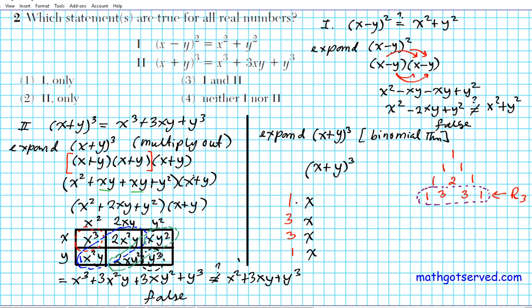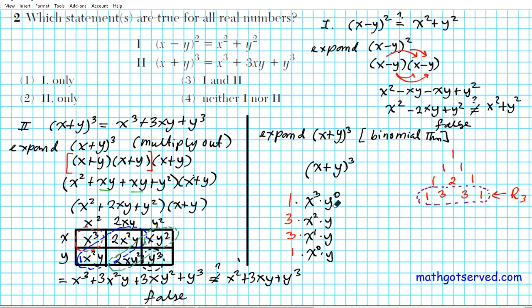So 1 times x, x, x, x, and then times y, times y. This is just a different way to expand binomials. Now I'm going to put in their powers. The x is the first term, so it starts with all the power, and y starts with no power. And then the power of x descends to 0. So 3, 2, 1, 0.